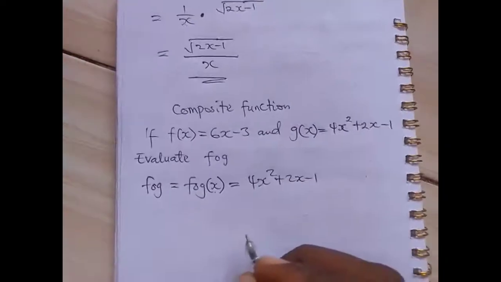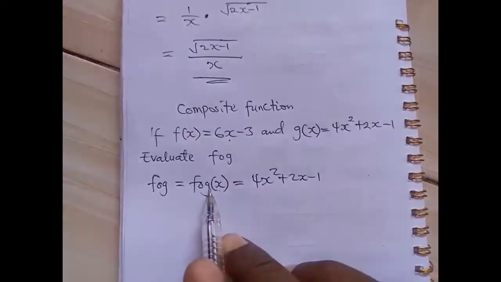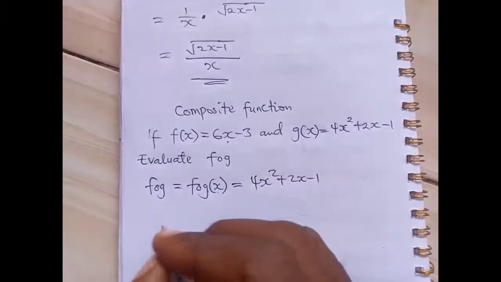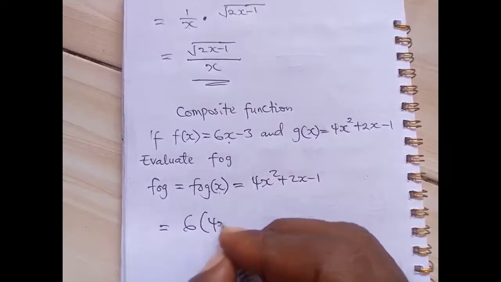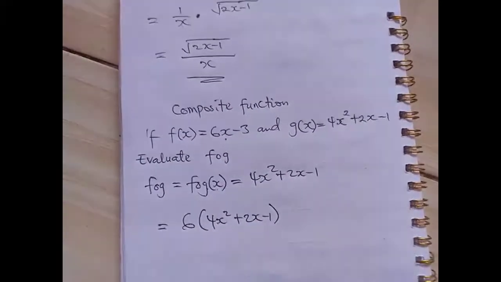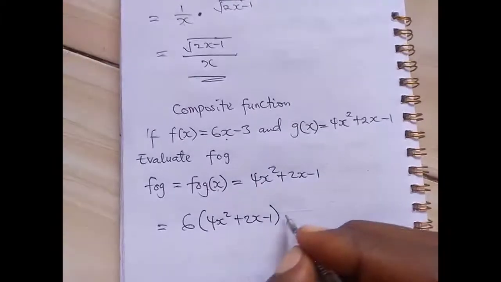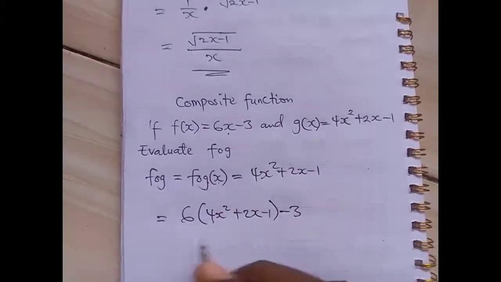What it means is that for this f, anywhere I see x, I remove it and replace it with g. So, which is 6x, instead of x, I'll say 4x squared plus 2x minus 1, then minus 3. Therefore, we can simplify.